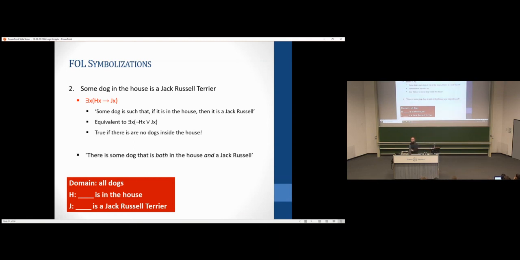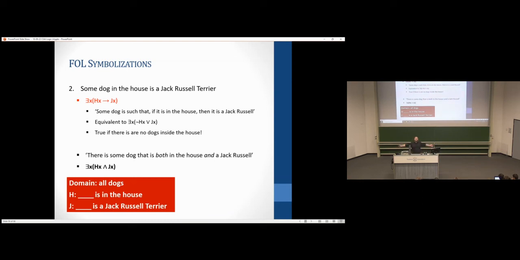So here's what we want. Our sentence can be paraphrased in English as, there's some dog that's both in the house and is a Jack Russell. So it's existential x, Hx conjunction Jx.